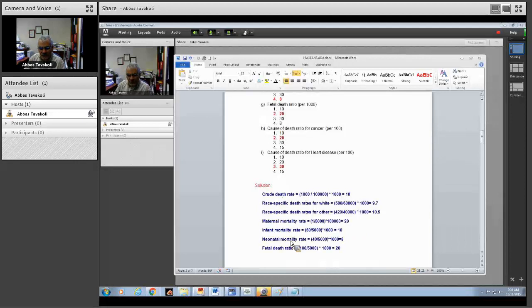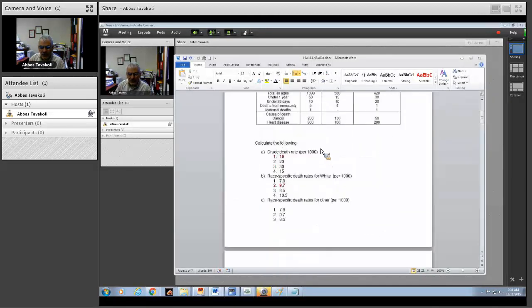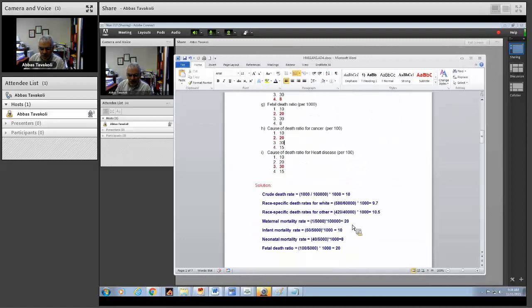Infant mortality rate was 50 divided by 5,000 times 1,000. Again, this is the number of deaths under 1 year. That 50 comes from here, under 1 year. And again, we're dividing by the live births here. The same for neonatal mortality rate.